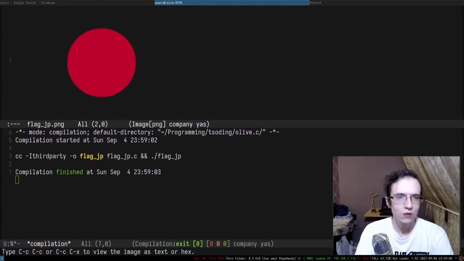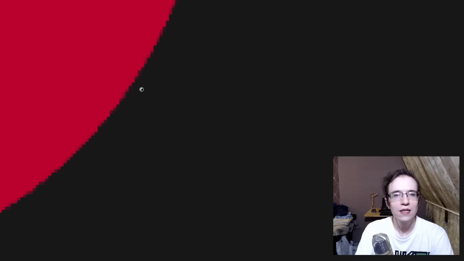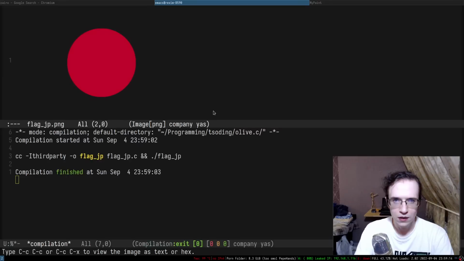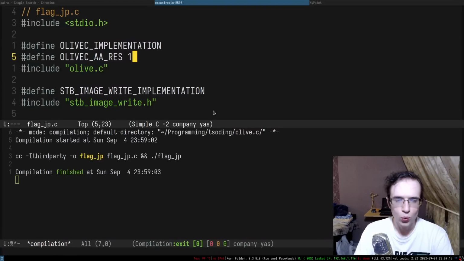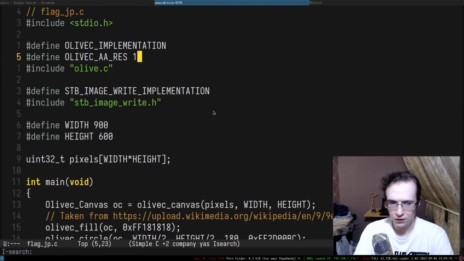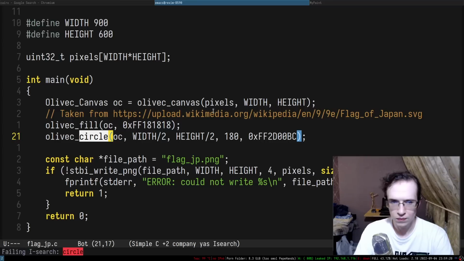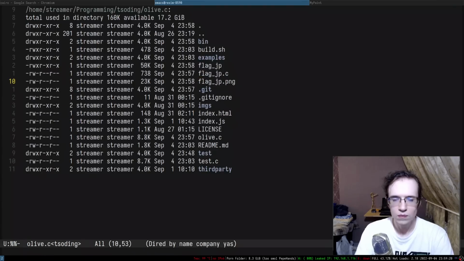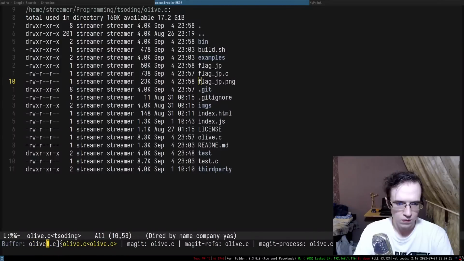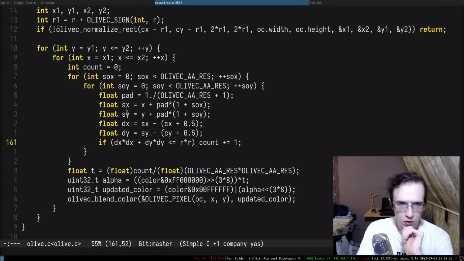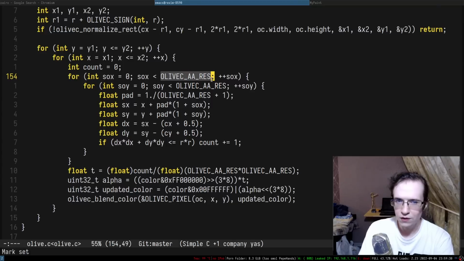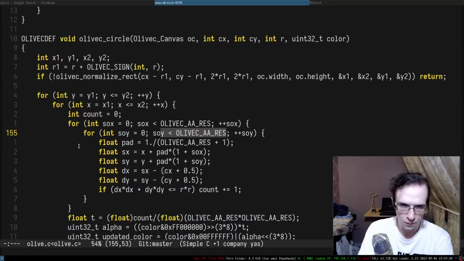Why doesn't it work? It still has a little bit of anti-aliasing. It still has that. And that is extremely weird. Because this thing is equal to 1, right? It is equal to 1, everything is understandable.